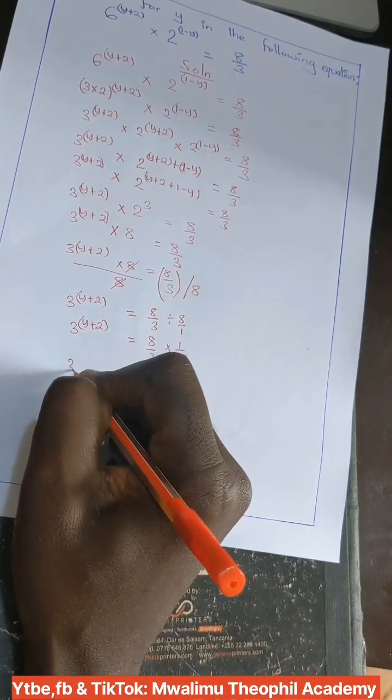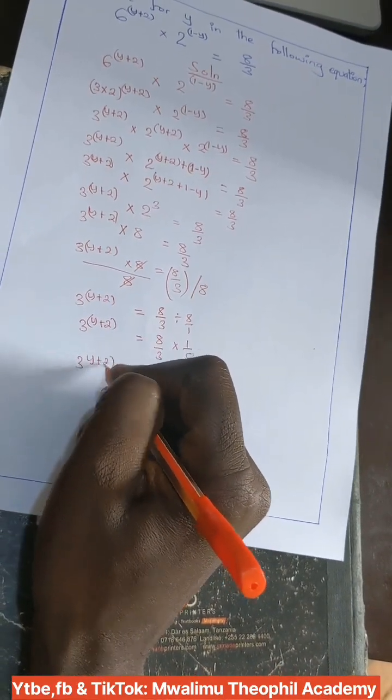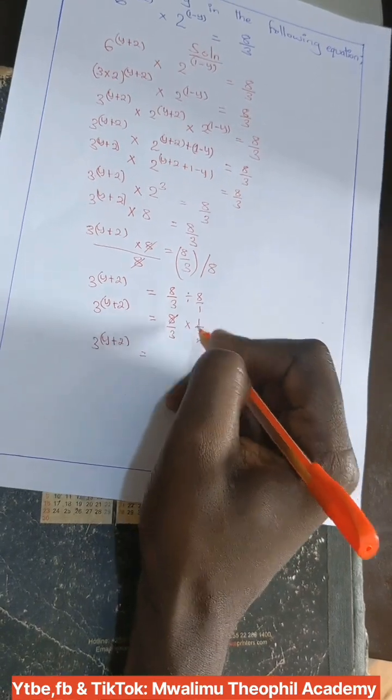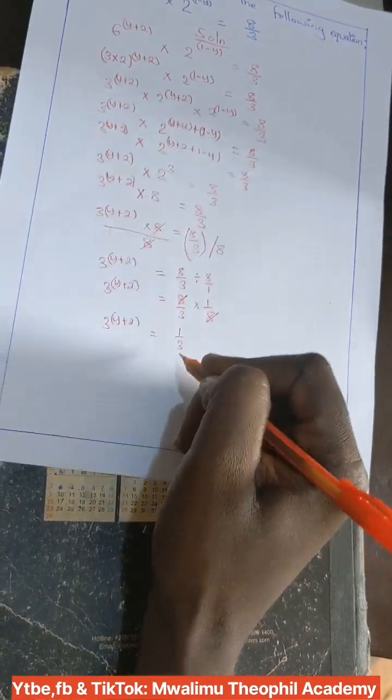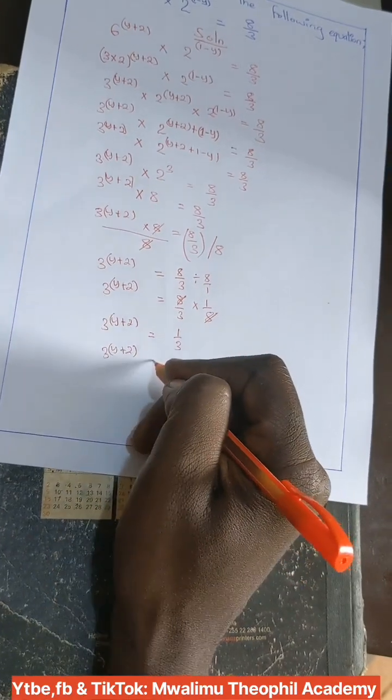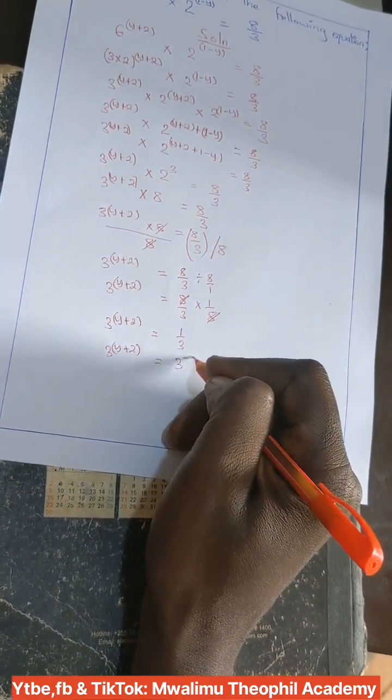Now we're going to have 3^(y+2) is equal to, 8 and 8 cancel out, 1 divided by 3. 3^(y+2) is equal to 3 raised to negative 1.